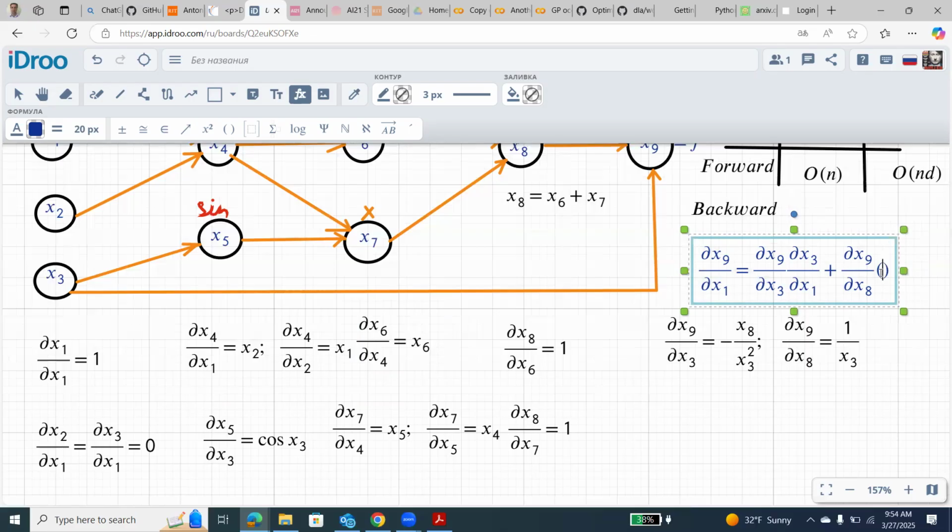The sum x8 with respect to x6 times x6 with respect to x1 plus x8 with respect to x7 times x7 with respect to x1. So the idea here is that I will use the derivative of x8 with respect to its inputs.